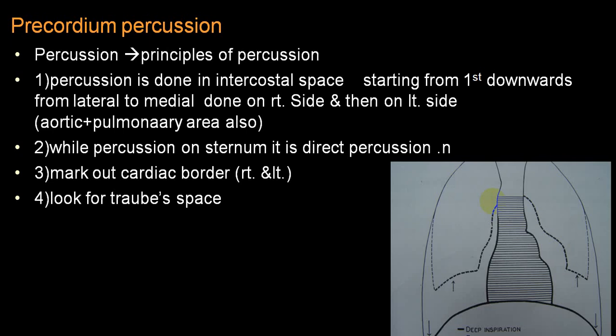Also, sometimes you can have a little increased area of dullness on the right side because of right ventricular hypertrophy. So if the right border is enlarged, one, right atrial enlargement, second, right ventricular hypertrophy.